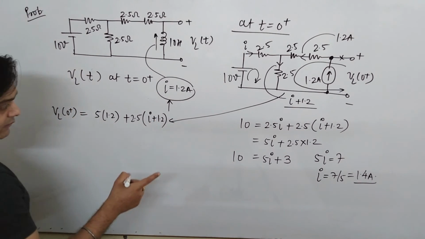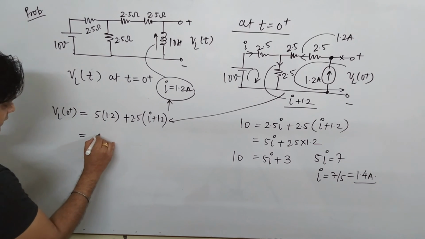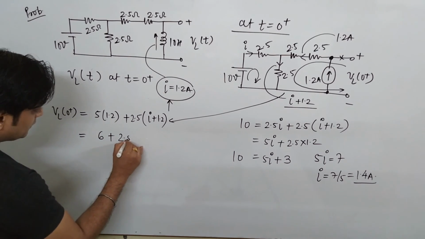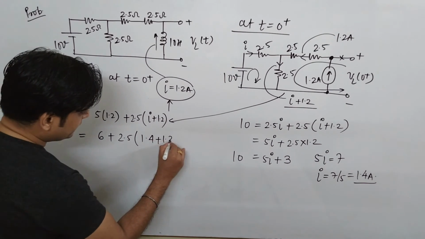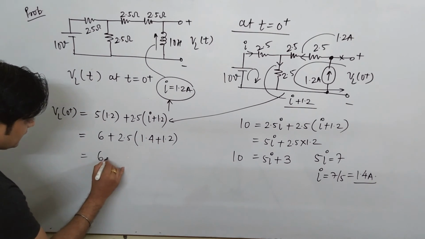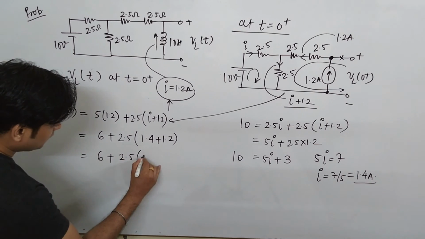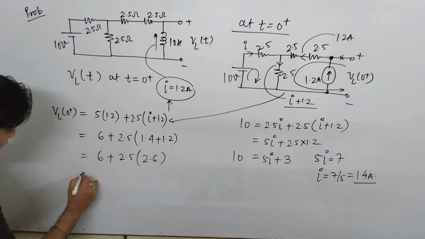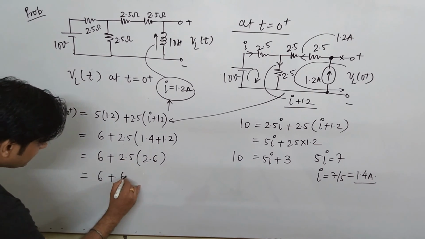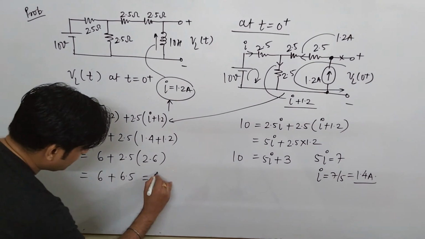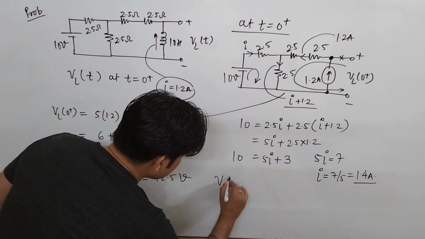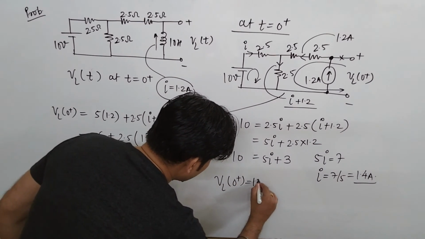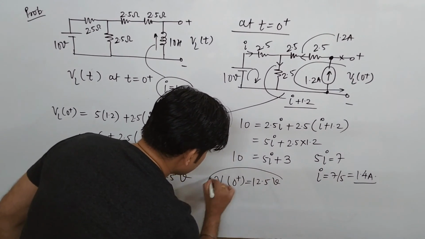The value of I is 1.4, so you can write it as 3 plus 2.5 into (1.4 plus 1.2), that comes to be 3 plus 2.5 into 2.6. If you solve, this comes to be 6.5, and finally it comes to be 12.5. The value of VL(0+) comes to be 12.5 volt. This is the answer.